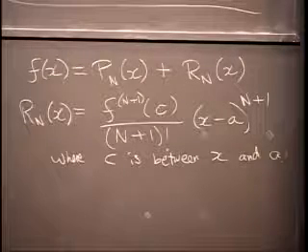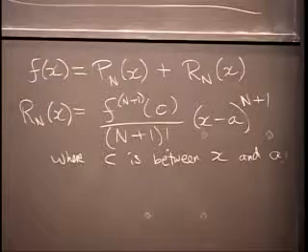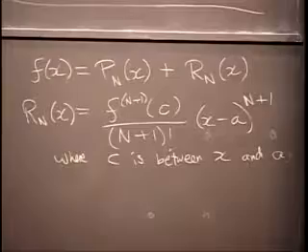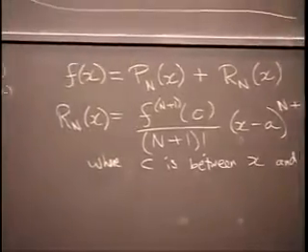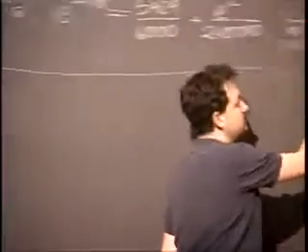So c is trapped in this fairly narrow range between minus a tenth and 0. So that's the next sort of concept. We improve the approximation.